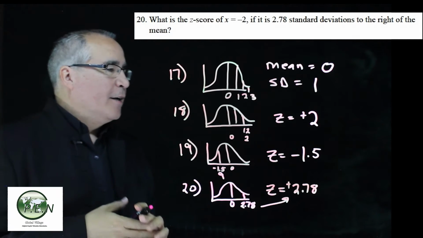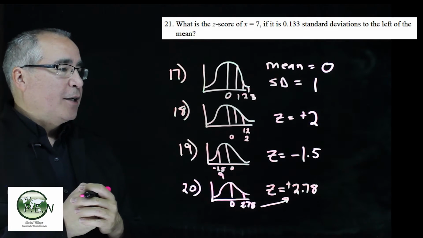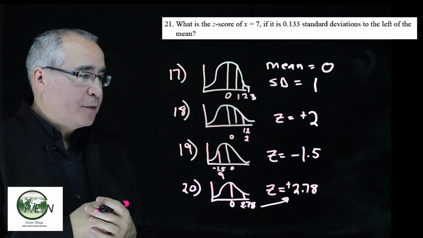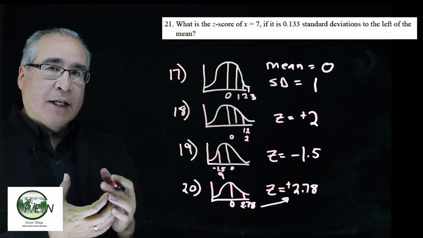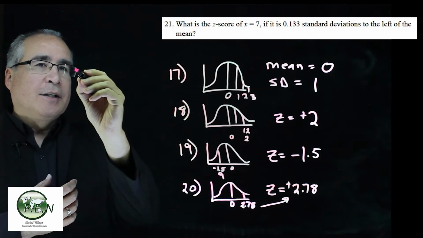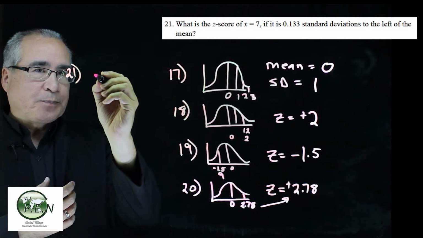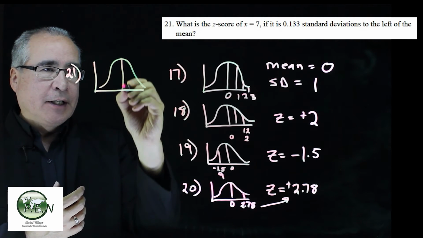Okay. Finally, we have question 21. We got a z-score of some data value that's x equals 7. We're told that it's 0.133 standard deviations to the left. So for 21, we've got something like this, our curve.